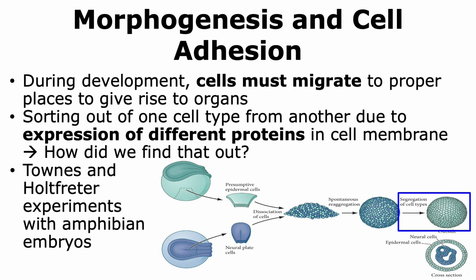However, as time passed, there was segregation of different cell types. The cells that came from the epidermal part of an embryo were on the outside, whereas the cells that came from the neural plate were inside. So somehow these cells knew that they had to be placed in appropriate positions. So how does this actually happen?